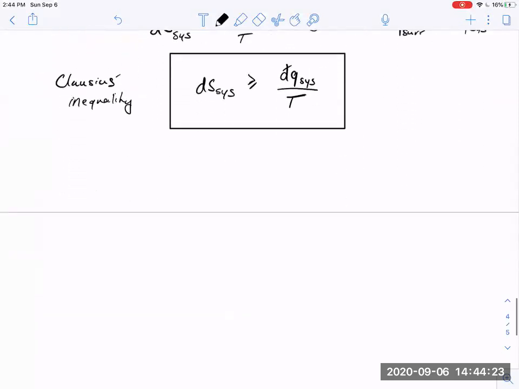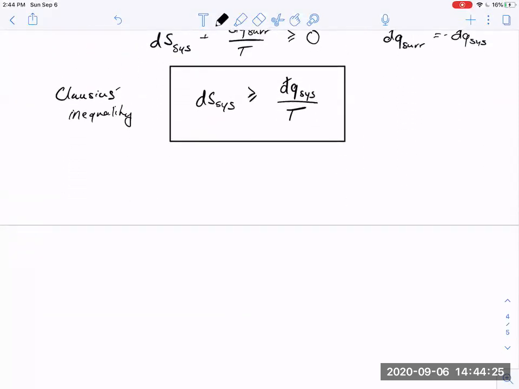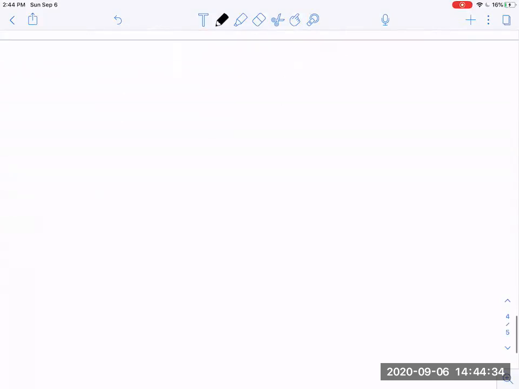Okay, what are the implications of this formulation of the second law? Let's understand that by considering a process involving the same heat bath and comparing different initial and final states.